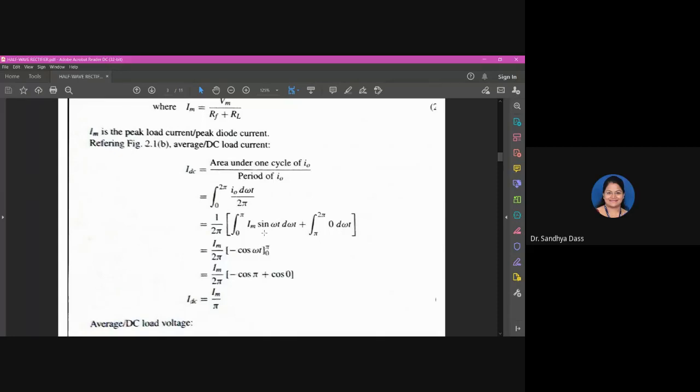Now integrating the first term there, taking Im outside, which is constant, Im by 2 pi will be outside. So integrating 0 to pi, the integration of sine is minus cos.